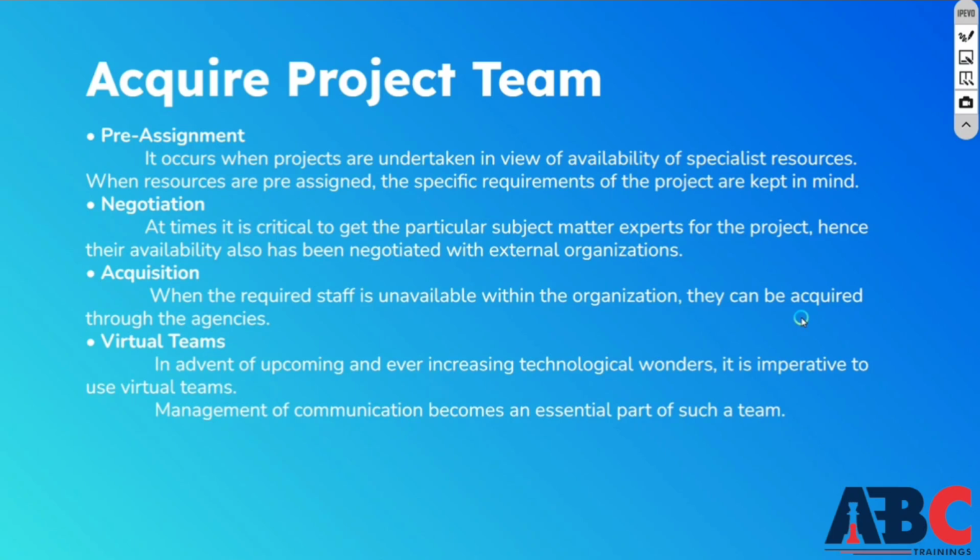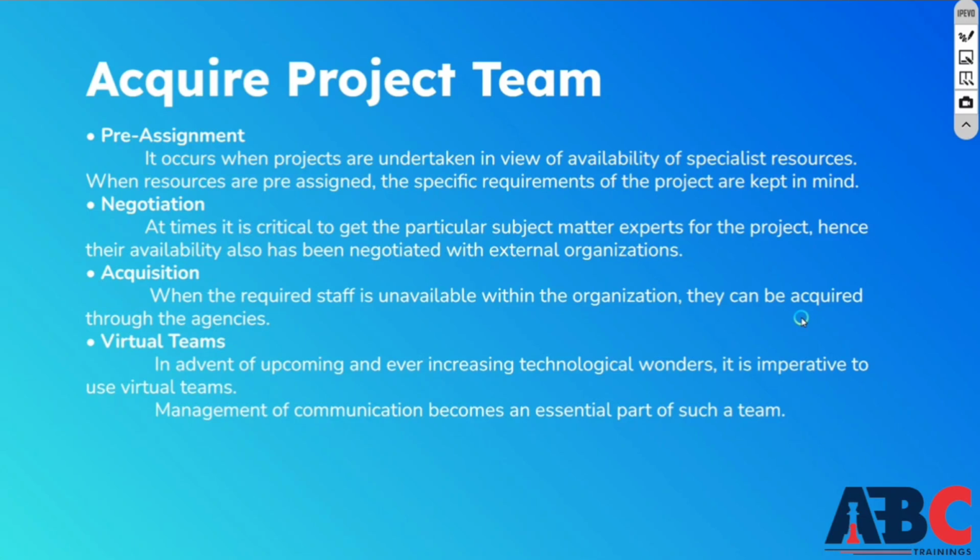Second comes negotiation. At the time of a critical or particular subject, you need experts in that project, and you need the availability of resources at that time. So you negotiate. You can negotiate with external organizations and get those resources available, or you can negotiate and hire that particular expert for that project.